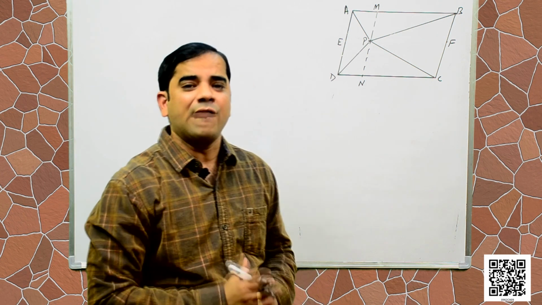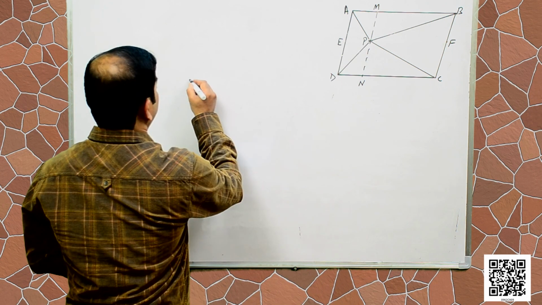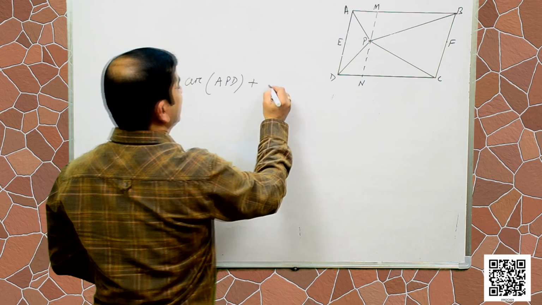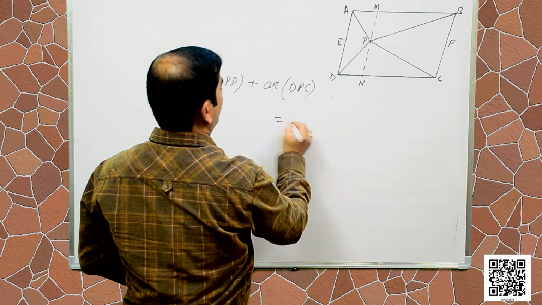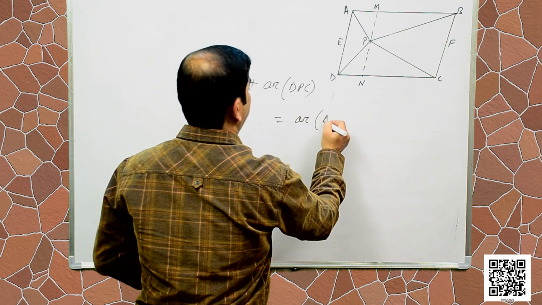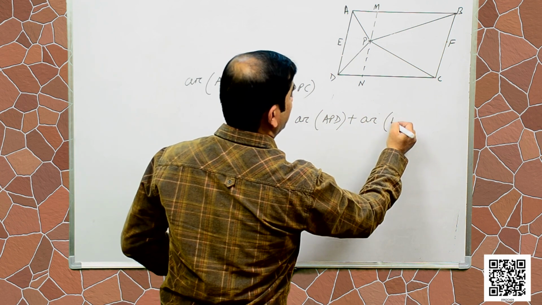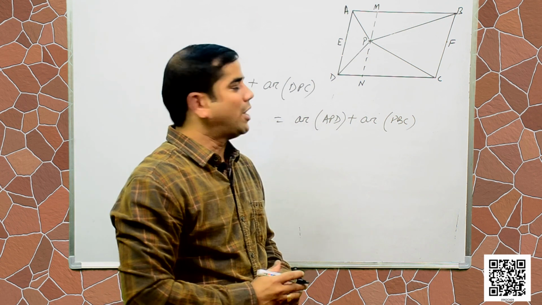So students, when we compare equation 5 and 10, we obtain area of triangle APD plus area of triangle PBC is equal to area of triangle APB plus area of triangle PCD. Hope you have understood the solution now. Students, you have to solve question 5 by yourself.